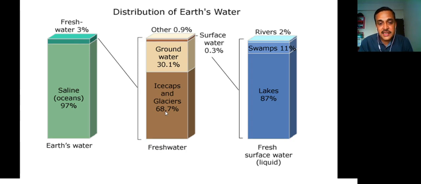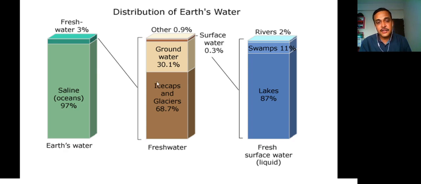near about 68.7%, meaning near about 69% of water is in the form of ice caps and glaciers, whereas near about 30% of water is in the form of groundwater, which is available in different aquifers, and the surface water is only 0.3% of water, and the other forms of water are only 0.9%.